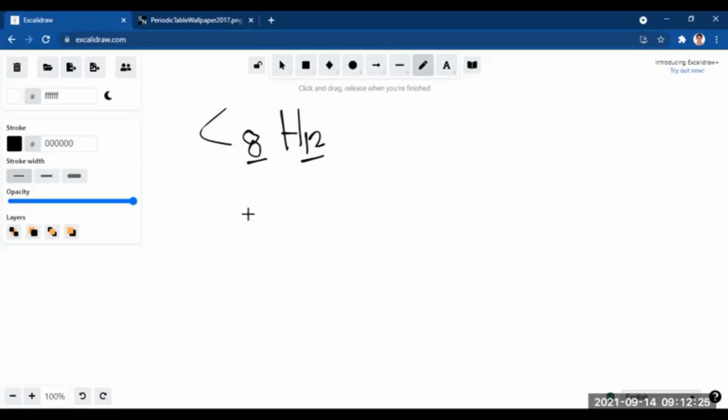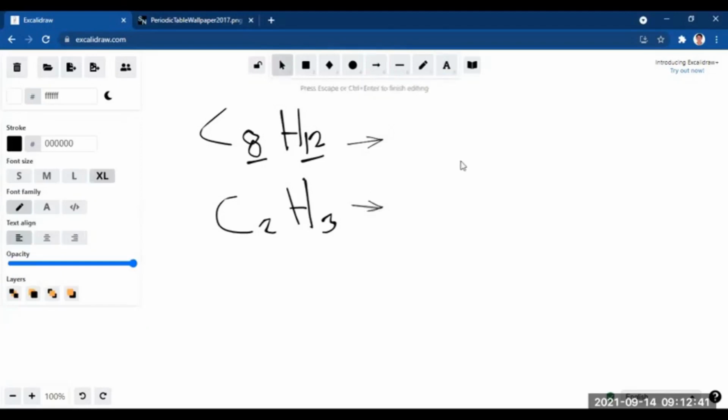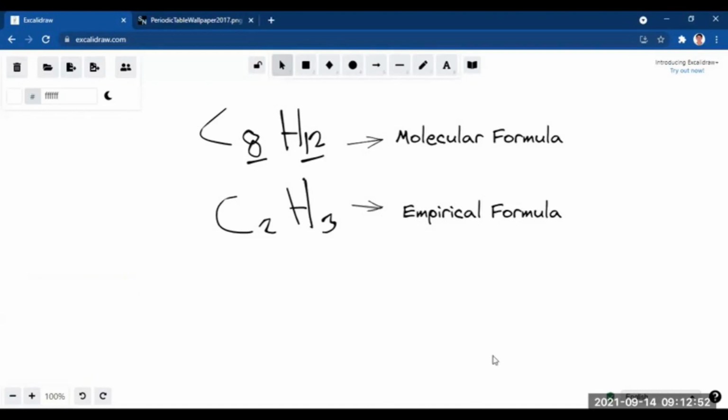These are both divisible by 4. So C2H3. If we divide each component by 4, the difference is, this is the molecular formula. This is the empirical. Just a recap. Let's go back to the presentation.